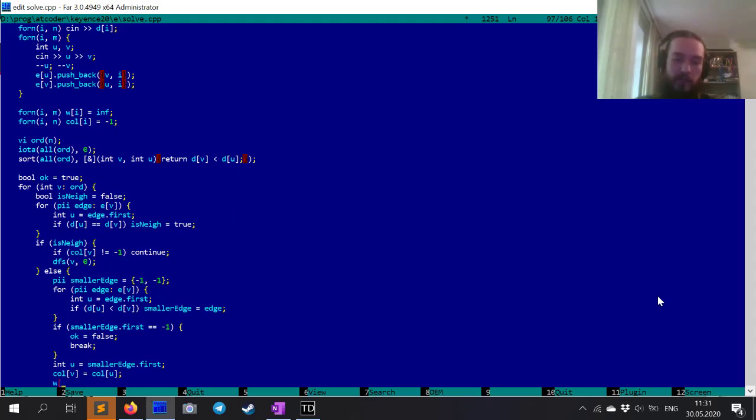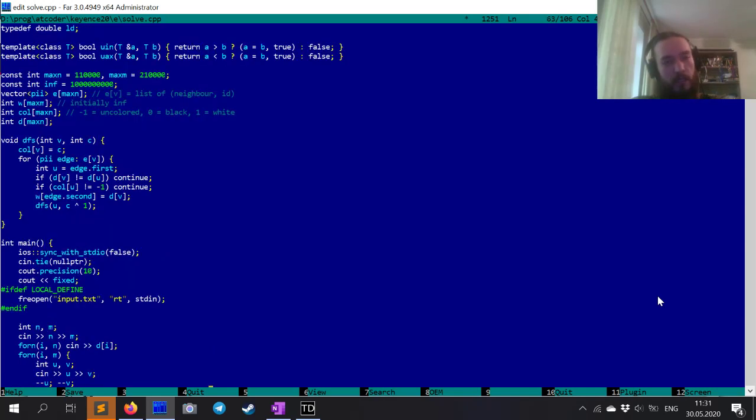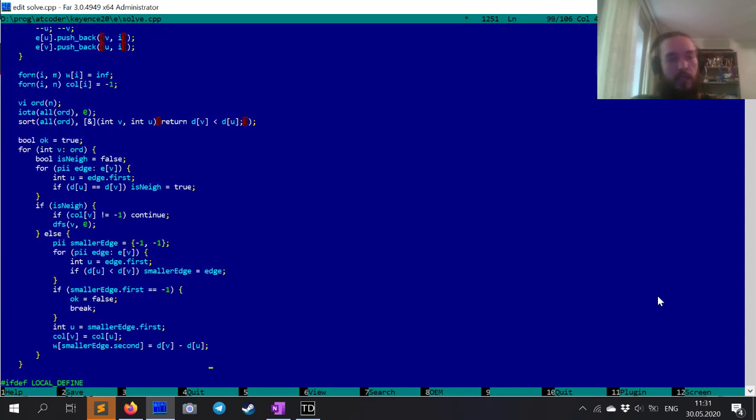So the ID of the edge is this second element, and this should be equal to the difference. And that's pretty much it, I think. Yes. Alright, so now we've done everything we want.